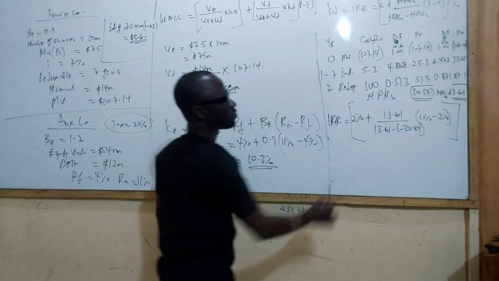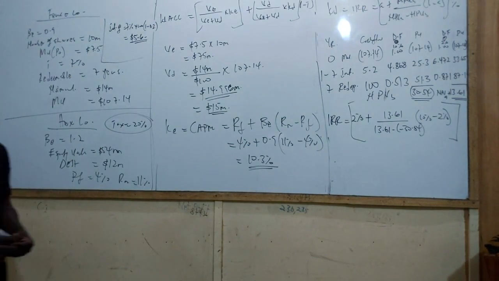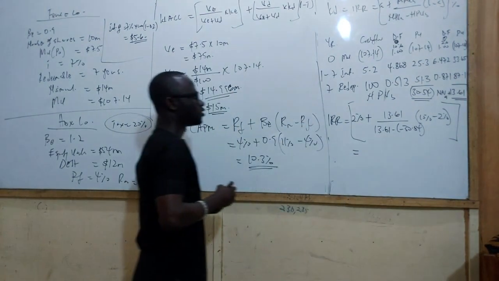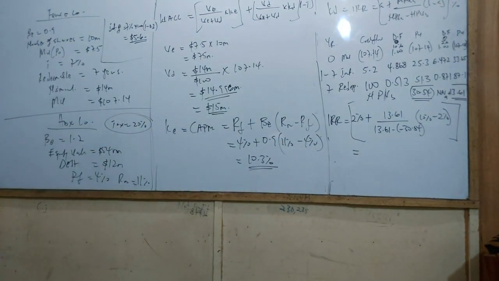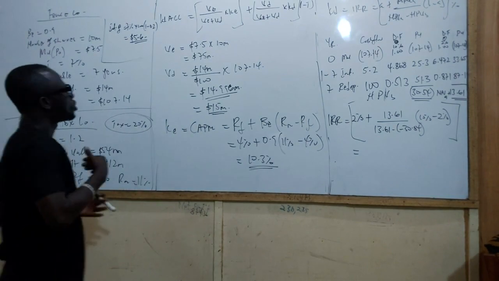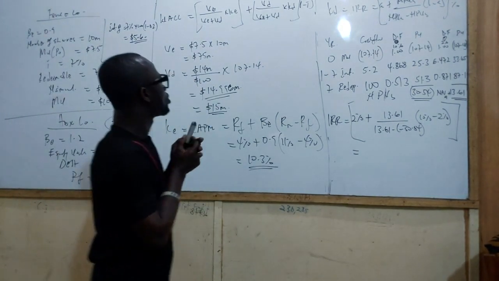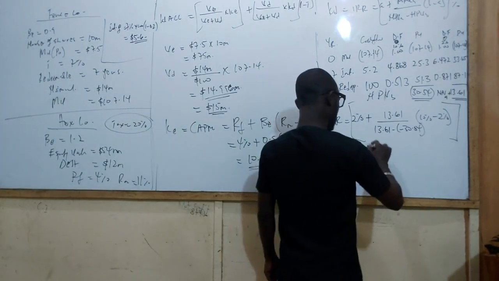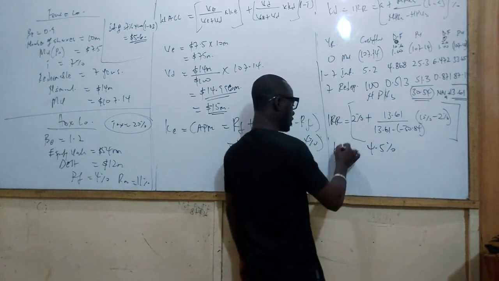What do we have? $4.5. So that's our KD.